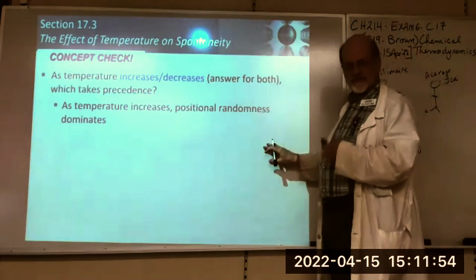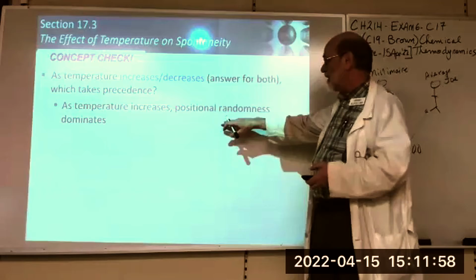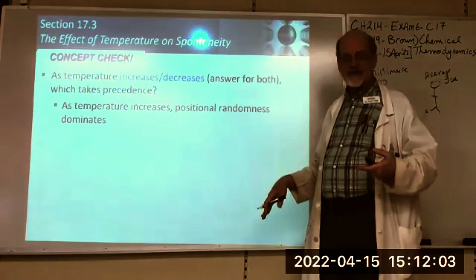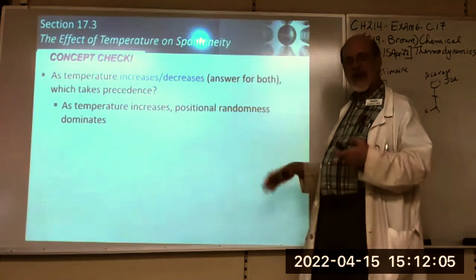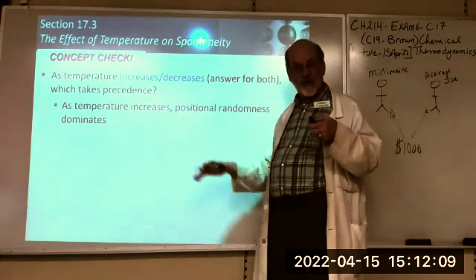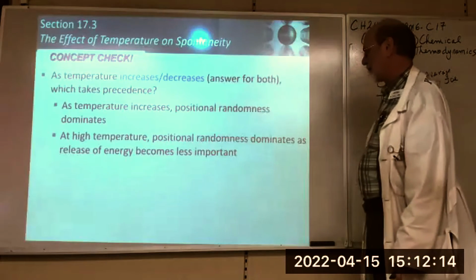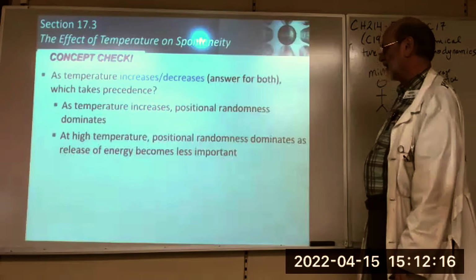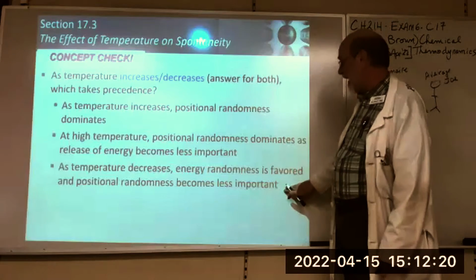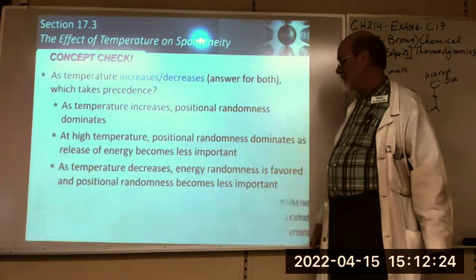So in terms of chemistry, as the temperature increases, positional randomness becomes the more dominant process. So at high temperature, we're looking at positional randomness to tell us whether the process is spontaneous. Okay, as temperature decreases, then energy randomness is favored over positional randomness.